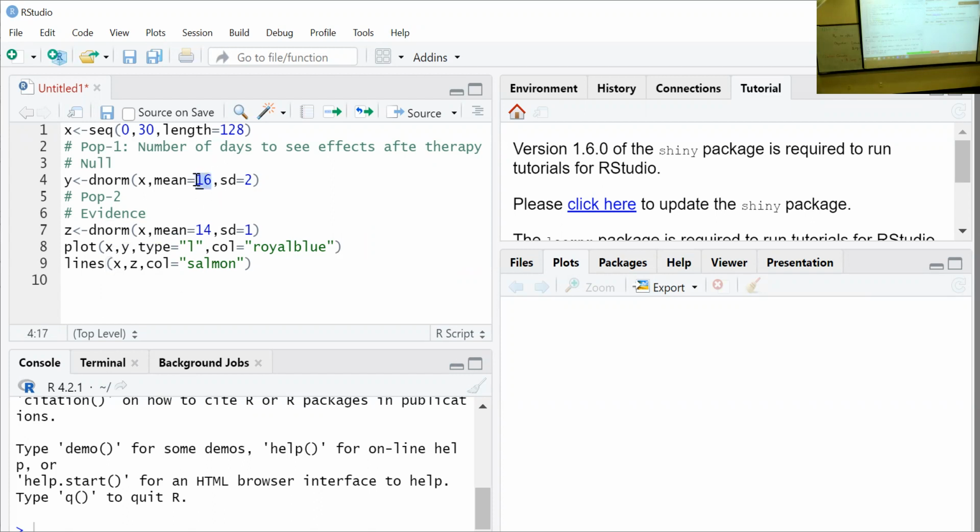So what we claim is that the number of days on average to see effects of therapy is 16. You can ignore the standard deviation. What the data or evidence gives us is that the average is 14, standard deviation of 1.